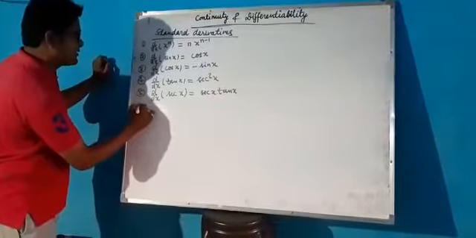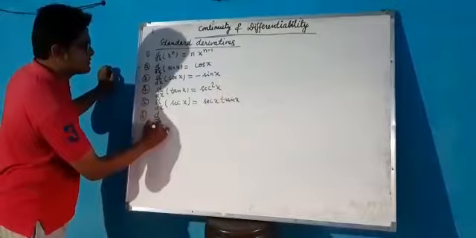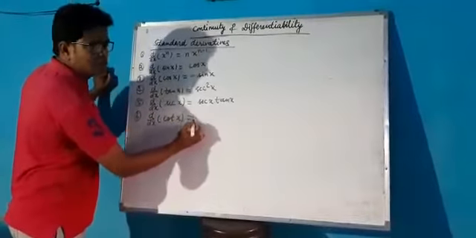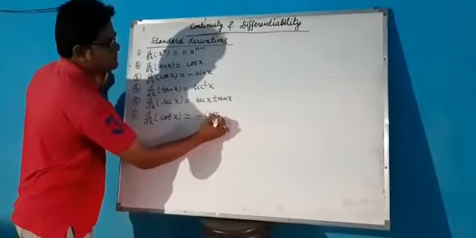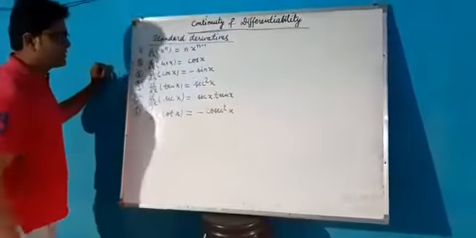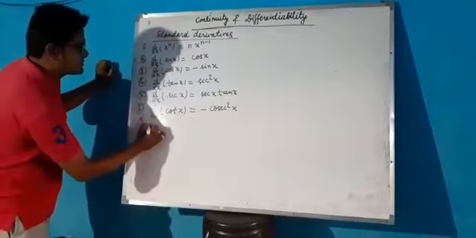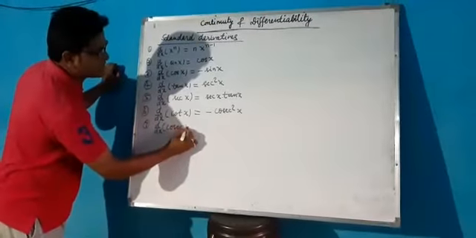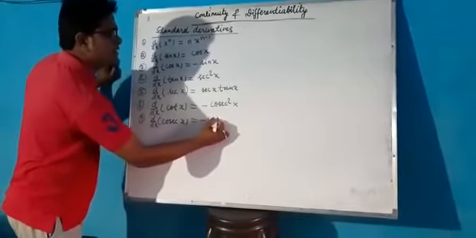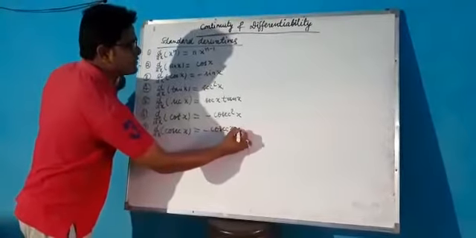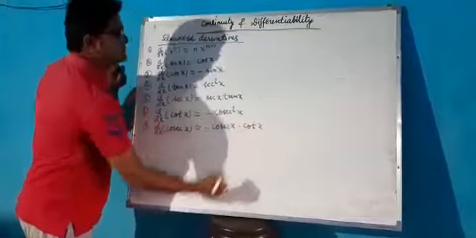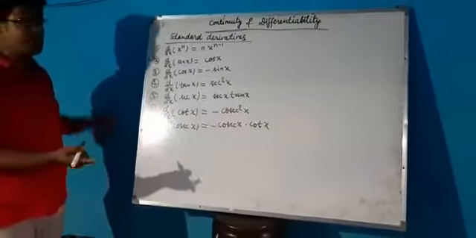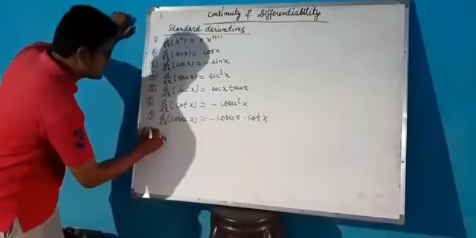Then sixth is the derivative of cot x, the cotangent function of x, which is equal to minus cosec square x. Seventh is the derivative of the cosecant function of x, that is cosec x, which is equal to minus cosec x into cot x. Cot means cotangent function and cosec means cosecant function; these are the full forms of those functions.